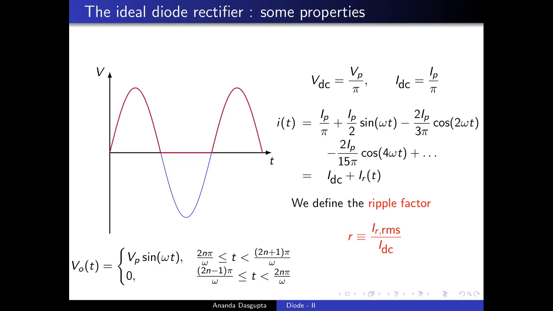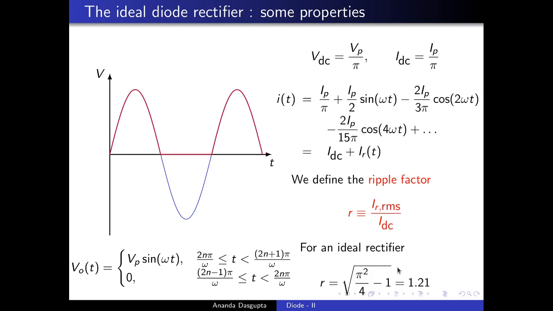Now, it looks like a substantially hard task to calculate the RMS value of this entire sum here, but there's a rather simple trick which allows you to calculate it without very much difficulty. This will be part of your assignments, and once you calculate this for the half-wave rectifier, it turns out to be the square root of pi squared over 4 minus 1, assuming, of course, ideal behavior.